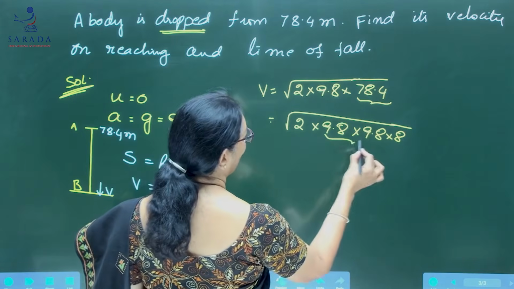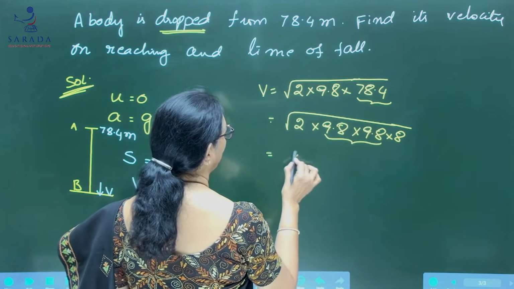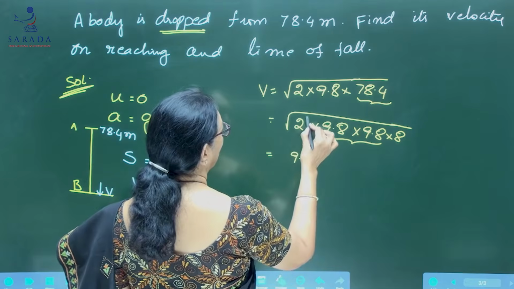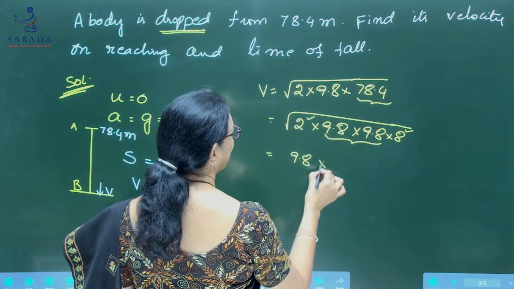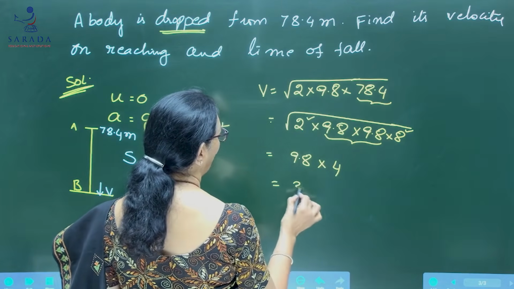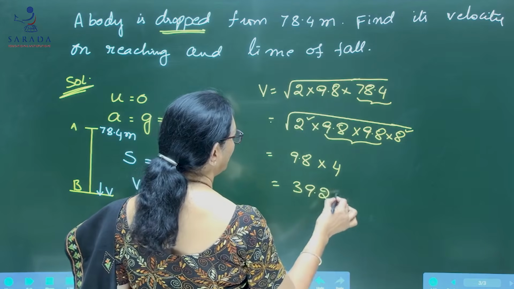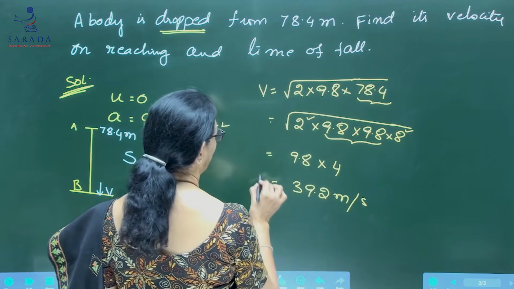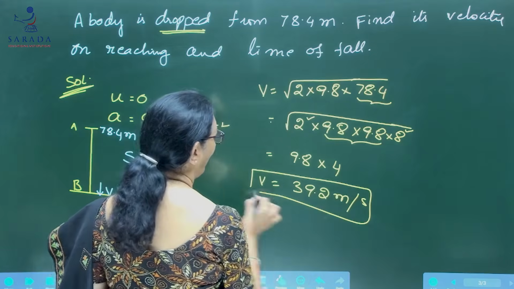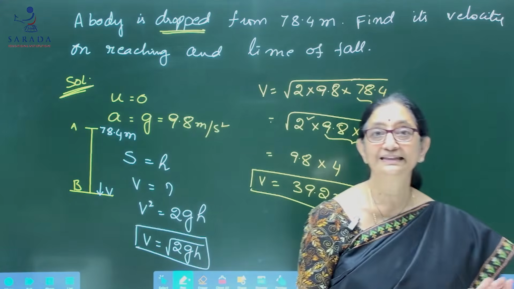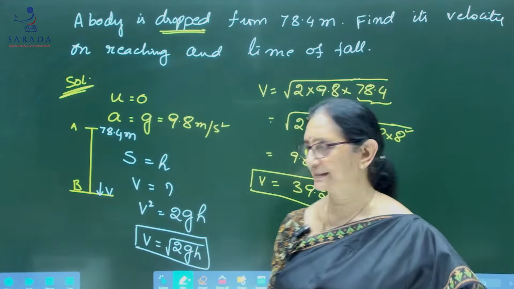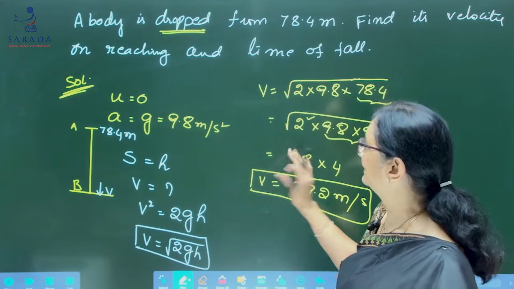Then 9.8 square under square root gives 9.8, and 2 times 8 is 16, under square root gives 4. So, it is 39.2 meter per second. Velocity on reaching the ground is 39.2 meter per second. Right, that is the first thing.